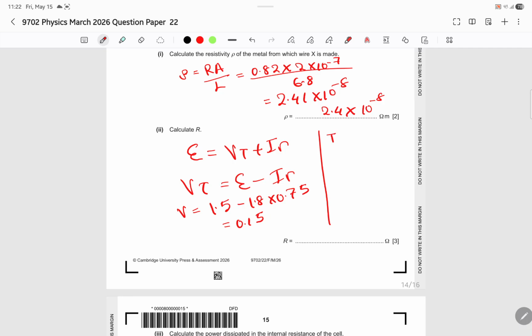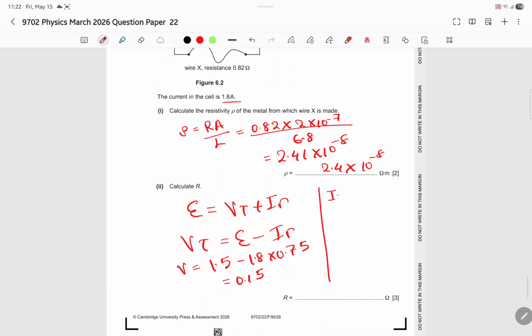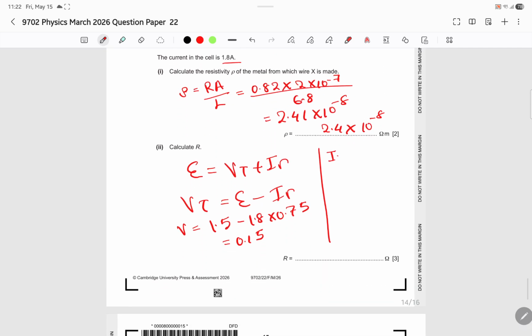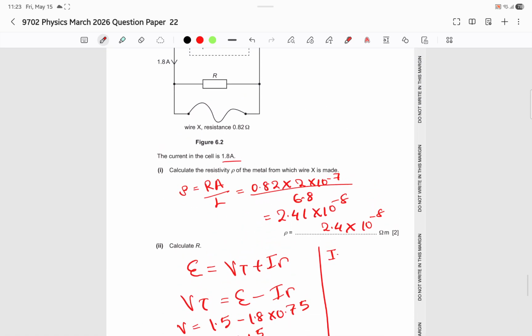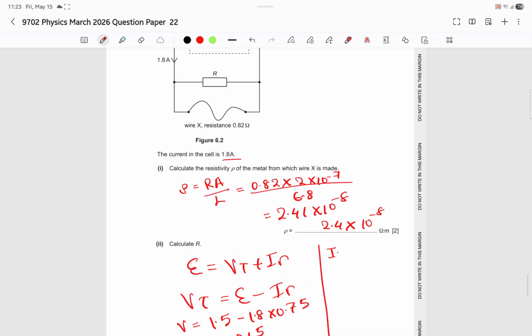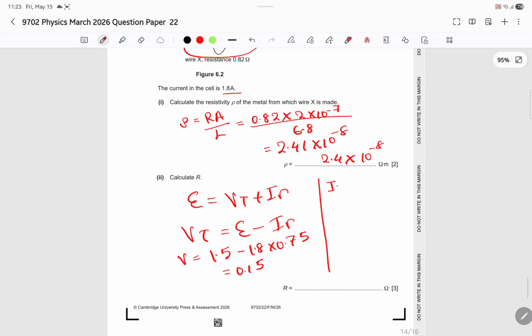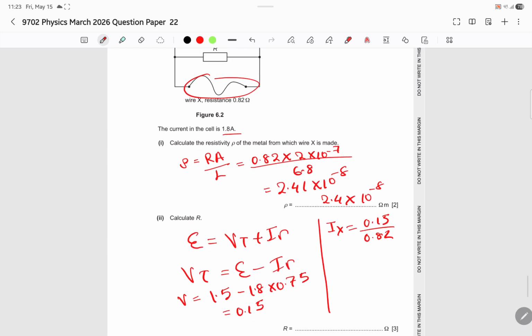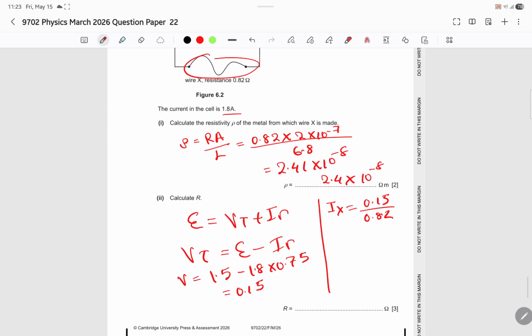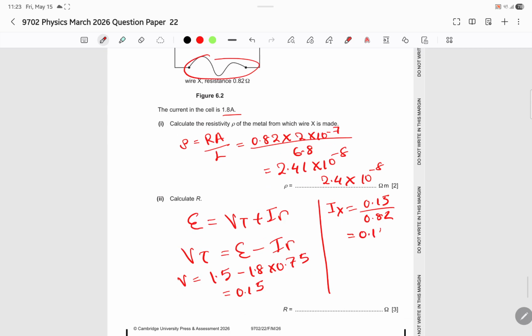So what about I of R? To calculate the resistance of R, we should first find the current that's flowing in this wire. So let's call this Ix, which is V by R: 0.15 divided by the resistance, which is 0.82. 0.15, we already know this from here. This comes out to be 0.183.